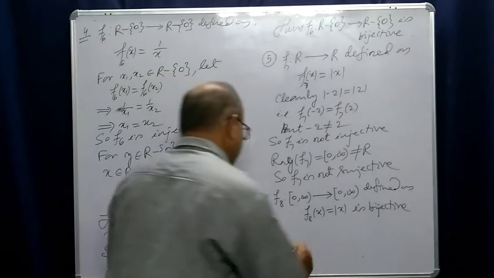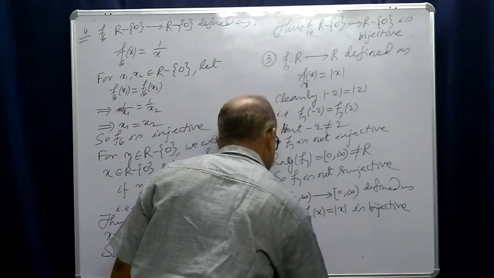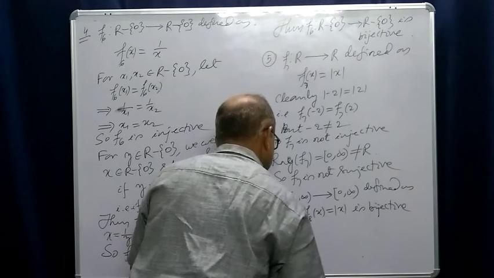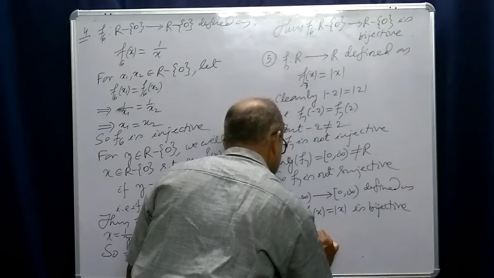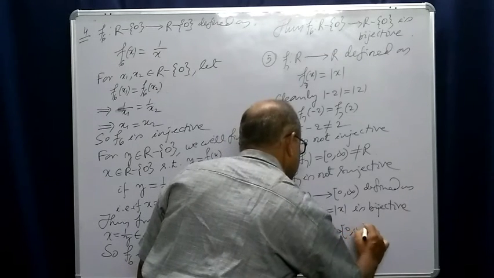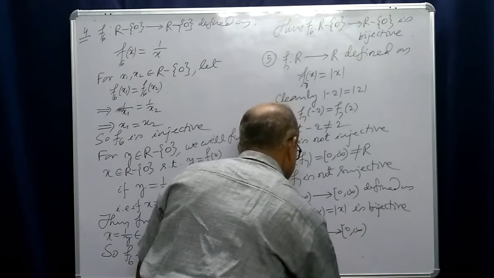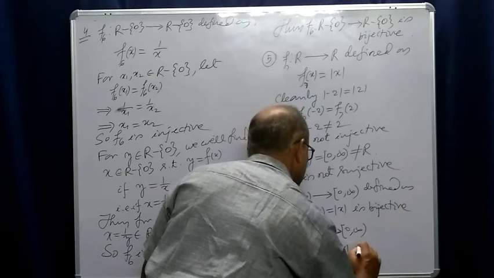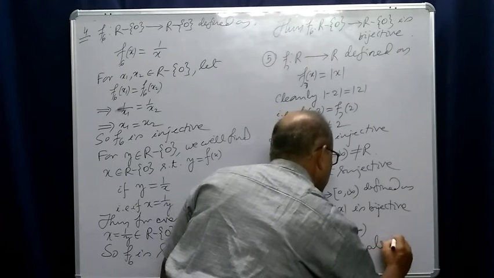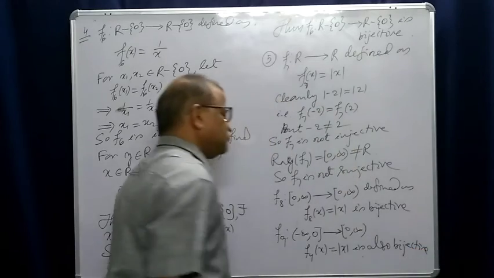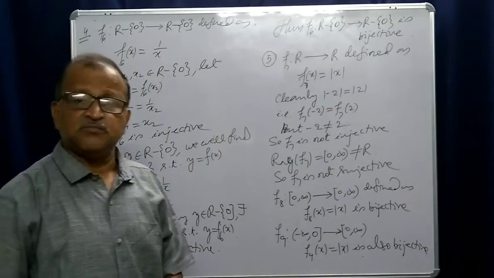Of course, if you take another function f9 from minus infinity to 0 to 0 to infinity, f9(x) is equal to the same modulus of x, it is also bijective. It will be bijective.